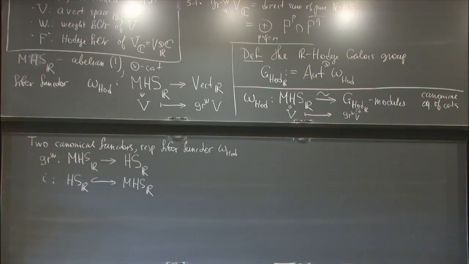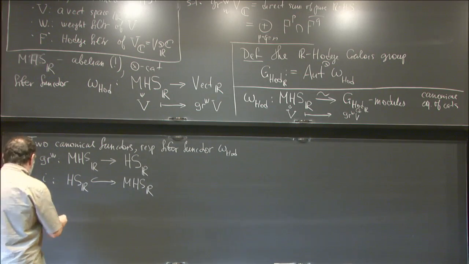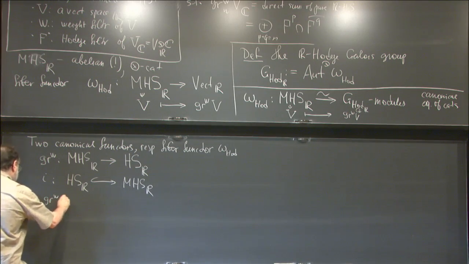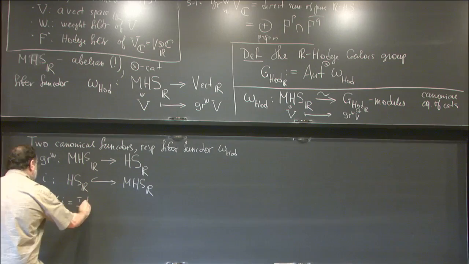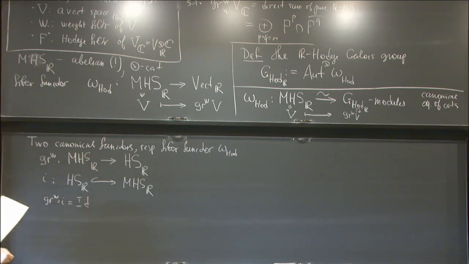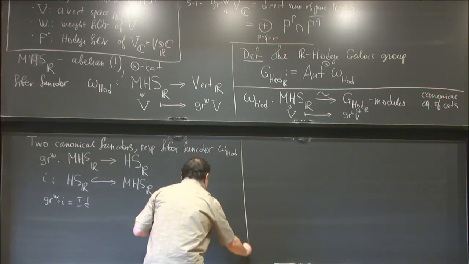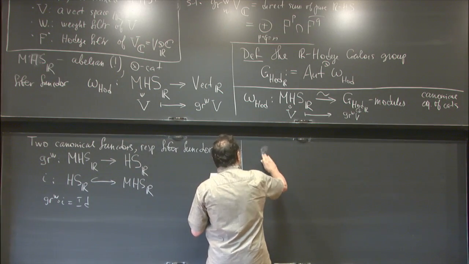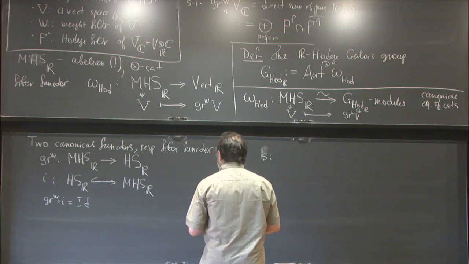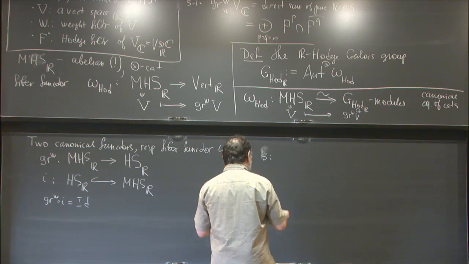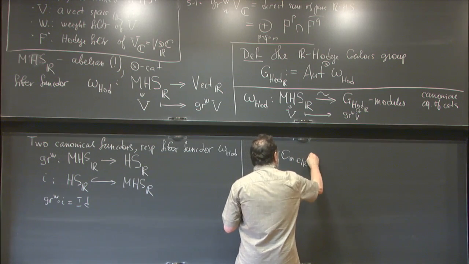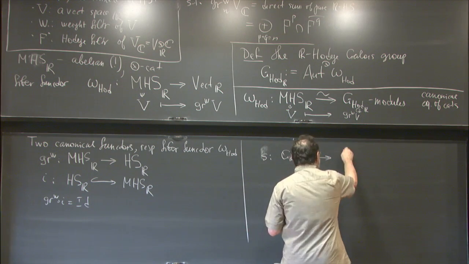Now, because the fiber functor is compatible with that, first of all, we notice that if you take the composition, it goes this way, so you get the identity. And therefore, on the level of the groups, we have the following thing. First of all, we have an embedding of the group G_m, C to R, into this G Hodge.